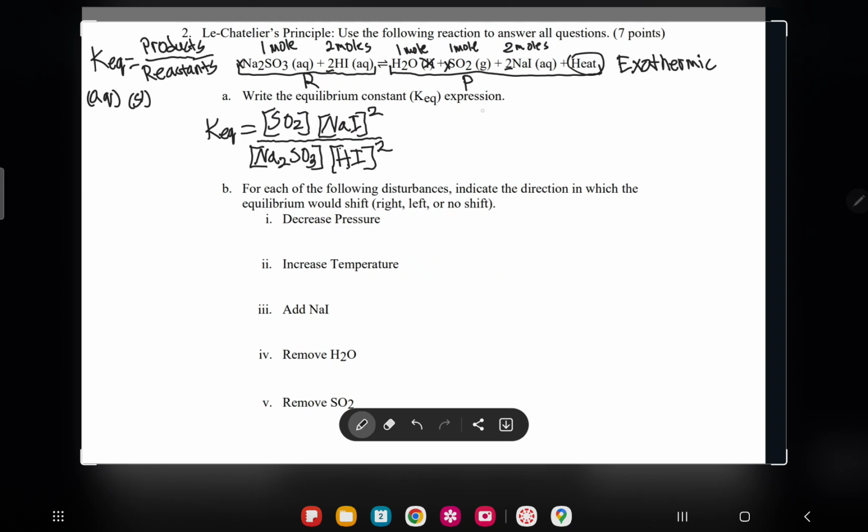So in this case, reactants has 3, and products has 4 moles. So we will be having a right-sided shift. And then now for the next part, we are increasing temperature. And because we're an exothermic reaction, we will have a left-sided shift.